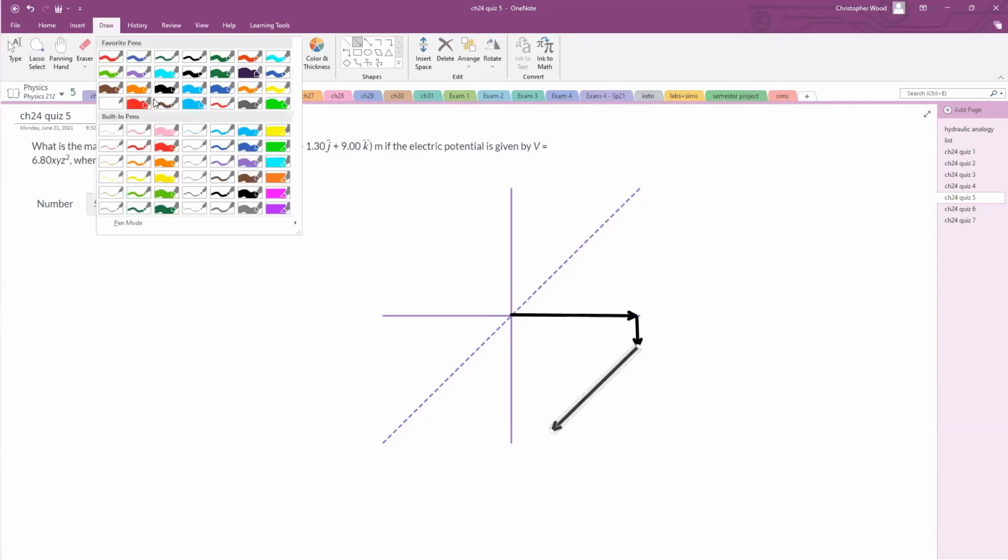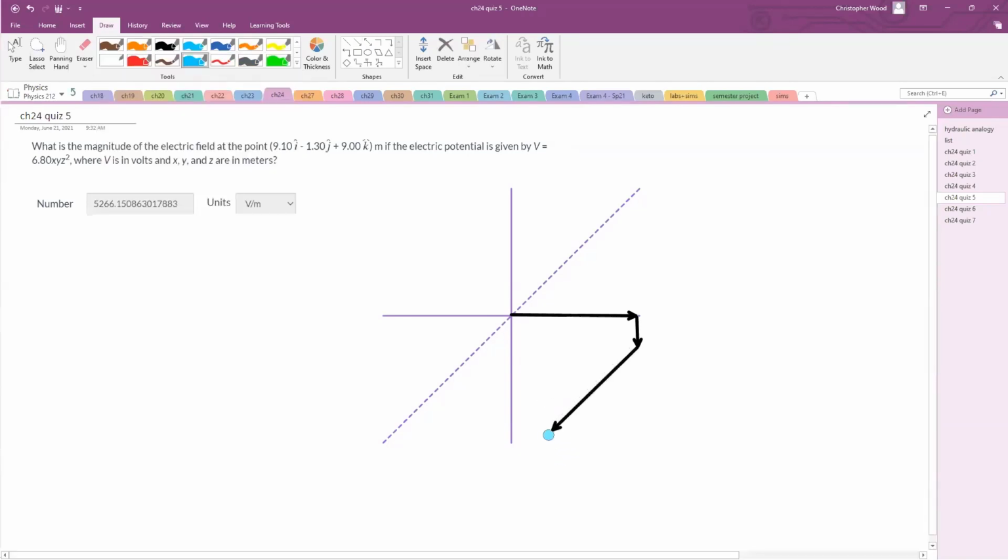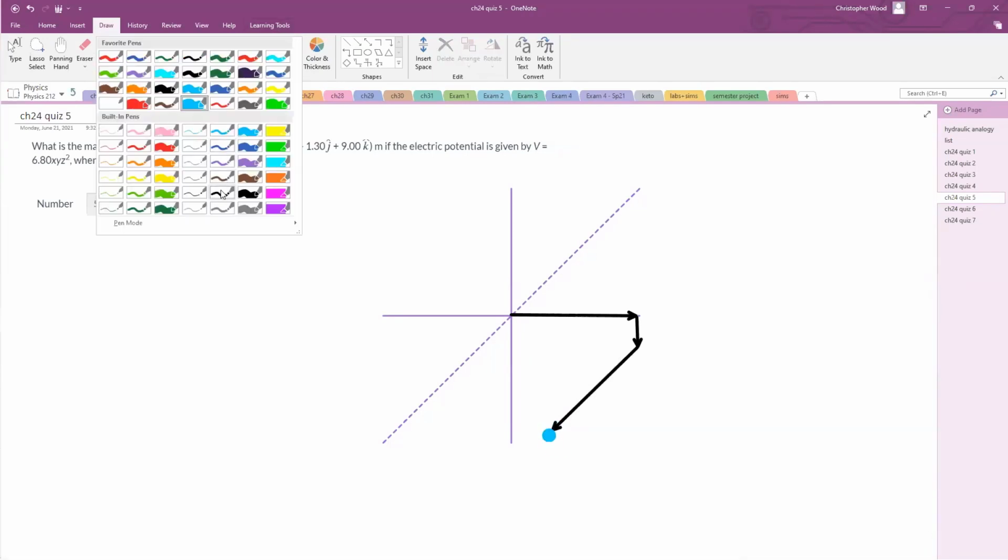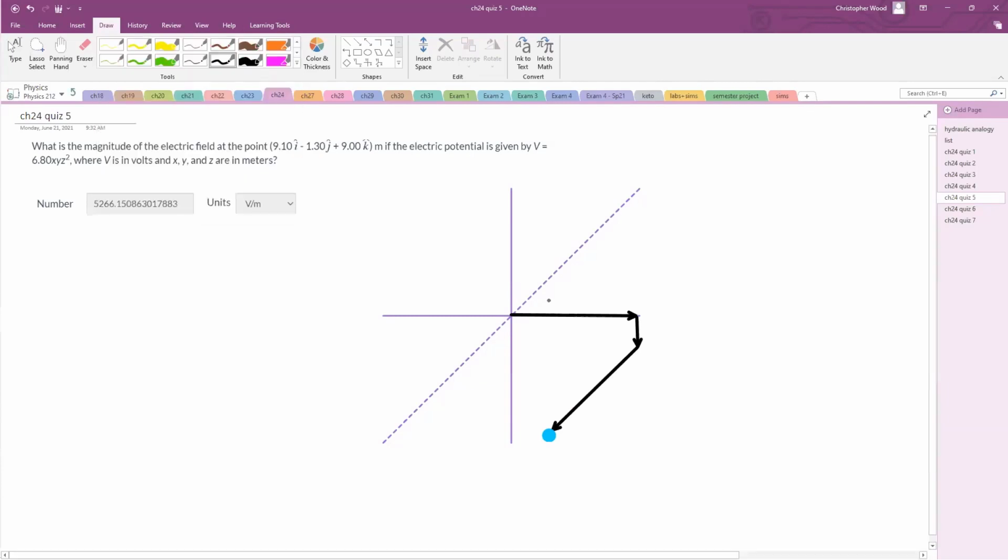Based on the givens in your problem, you know exactly where Probert's standing. Let me be careful here. For my problem, this says 9.10 i-hat meters, so you go in the plus x direction 9.10 i-hat meters. You go south in the negative y direction, negative 1.30 j-hat meters.